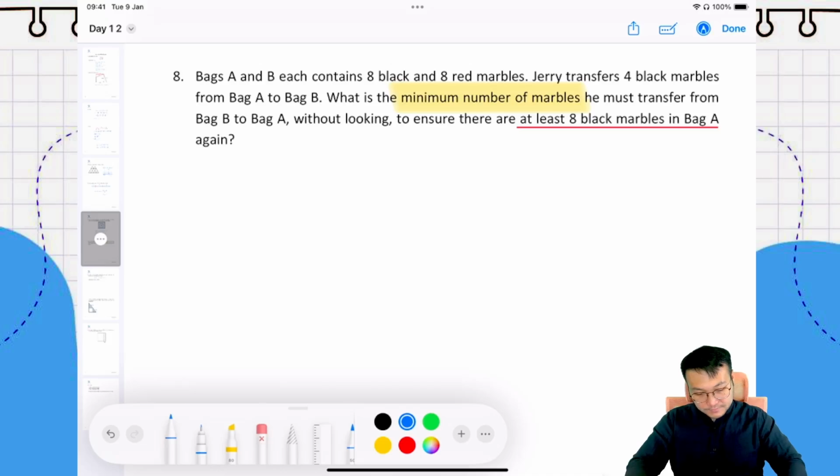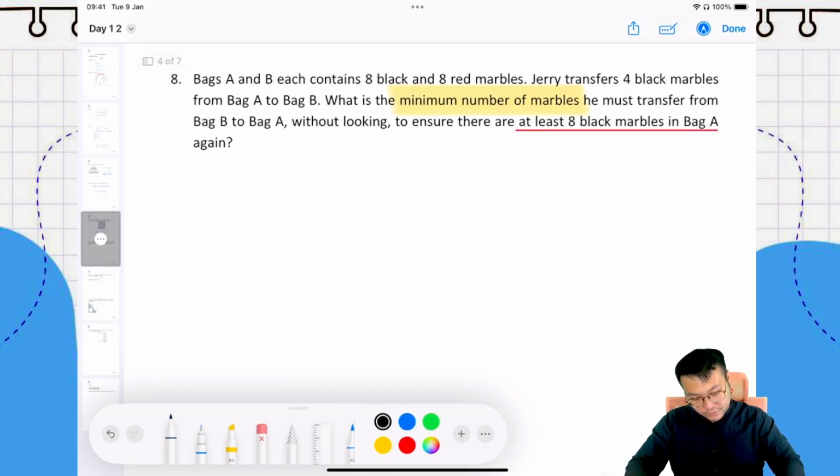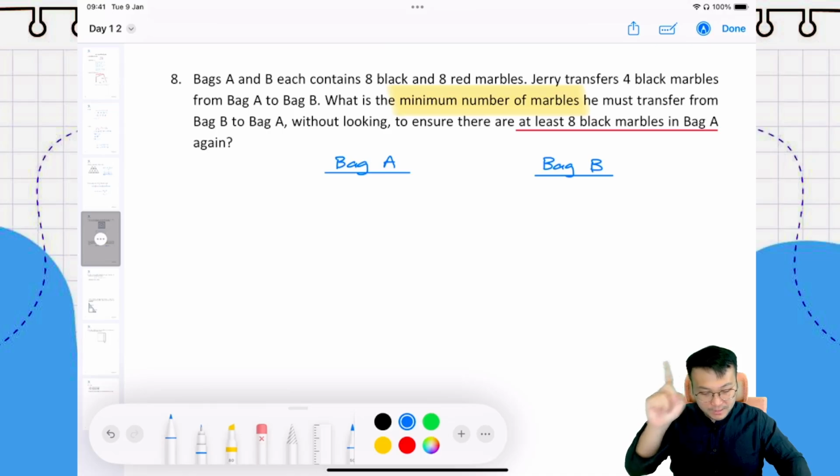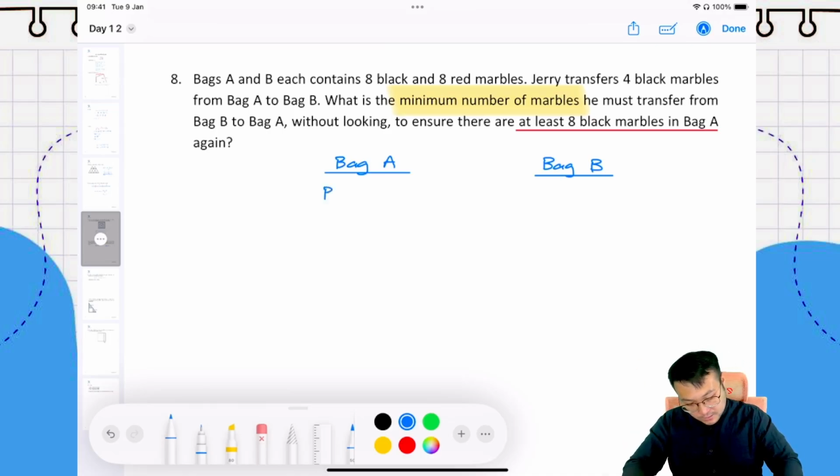So students, let me draw it out for you. You have bag A and you have bag B. Currently, Jerry transferred 4 black marbles from bag A to bag B. So let's look at the black and red marbles.